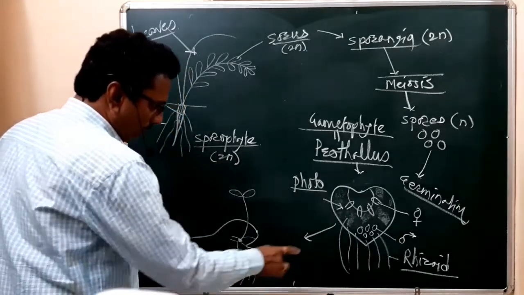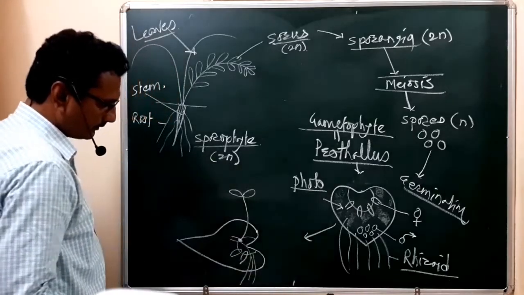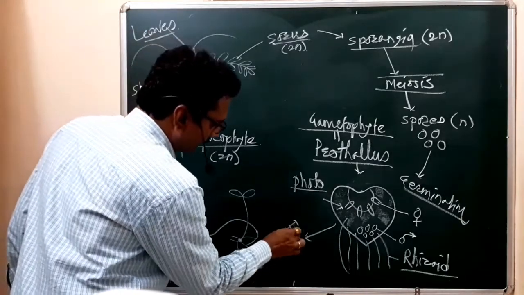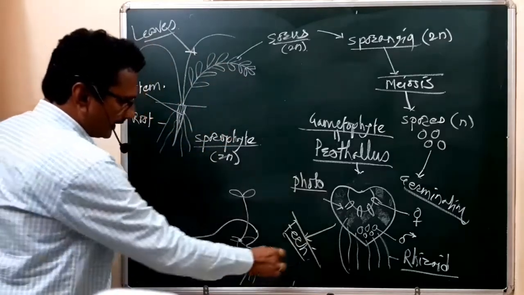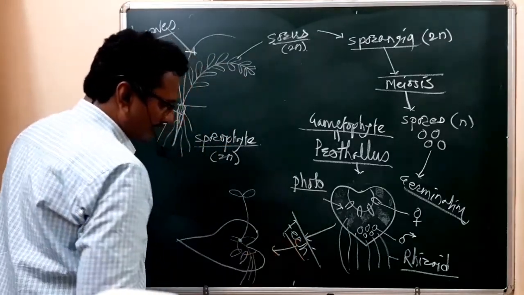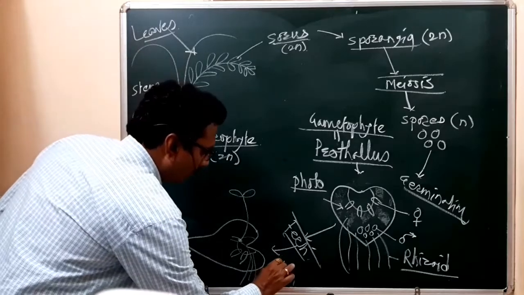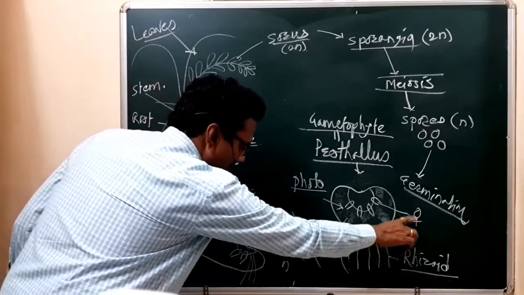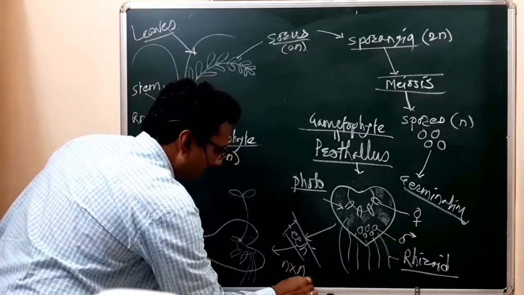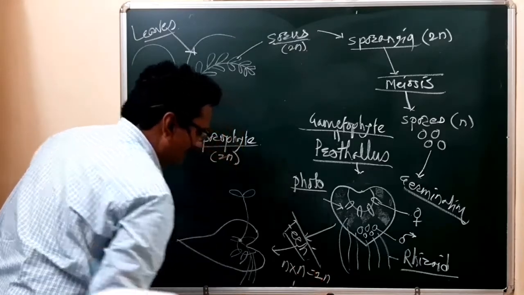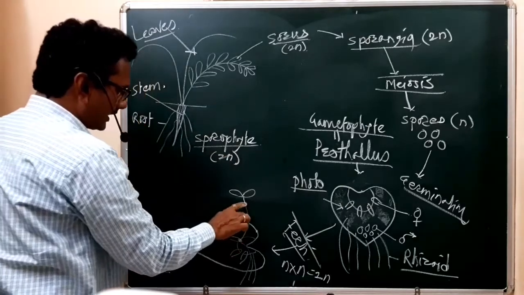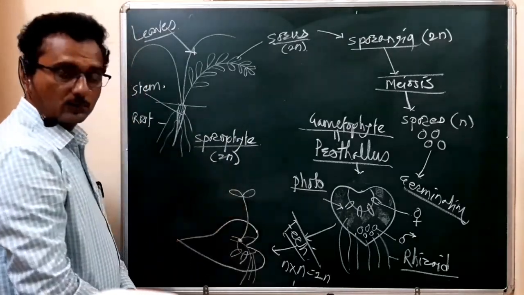So after fertilization, the haploid male gamete fuses with the haploid female gamete. What do they form? A 2n, diploid young sporophyte is developed.